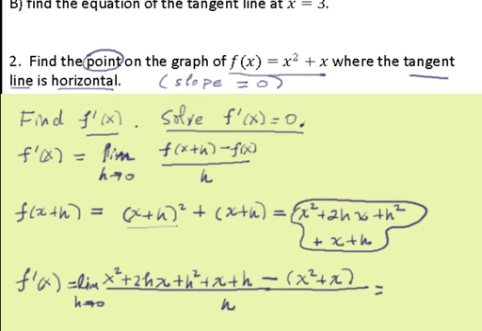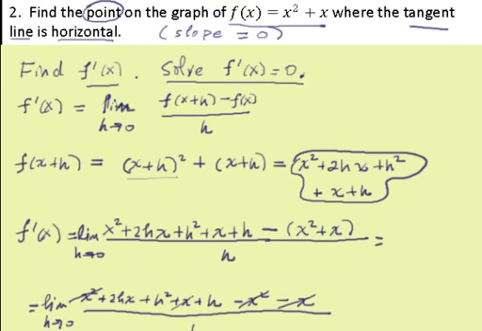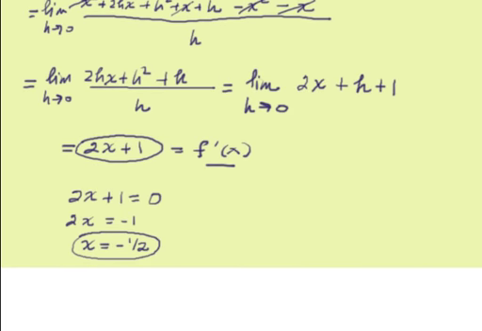So we're going to substitute in x is equal to minus a half into f of x. All right, so let's do that. Remember, f of x is x squared plus x. So we're just going to substitute in f of minus 1/2.